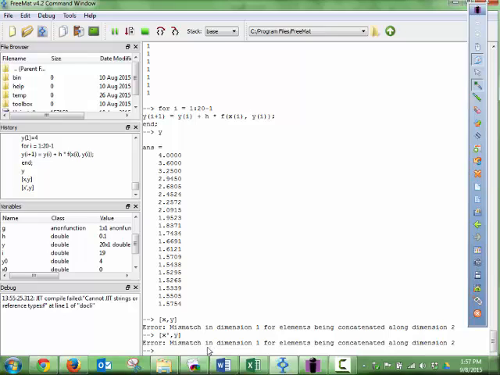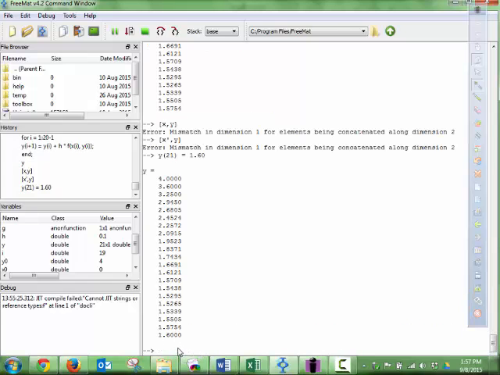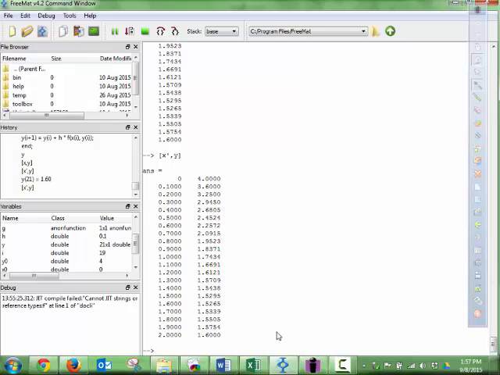Let's see if that'll work out. I think it's 1.60. Let's just say that. Now let's take a look at x and y. Yeah. All right, now we got it to match. So you can see the table just like what we had. Actually, that last value here isn't quite accurate because I just made it up. But you can see how they kind of matched up.